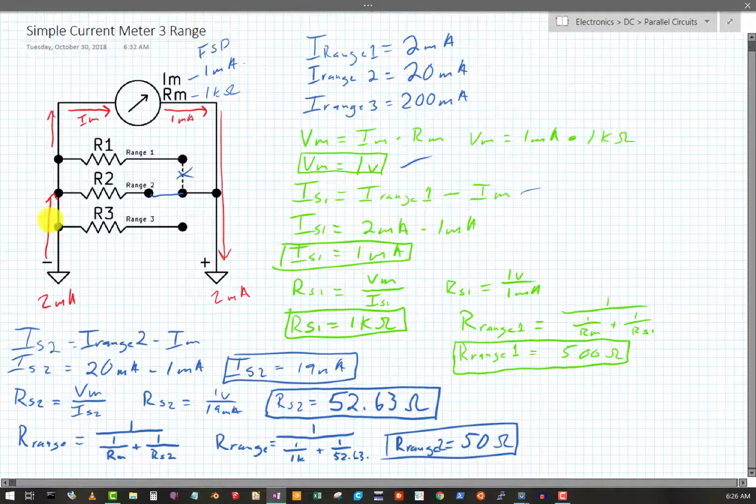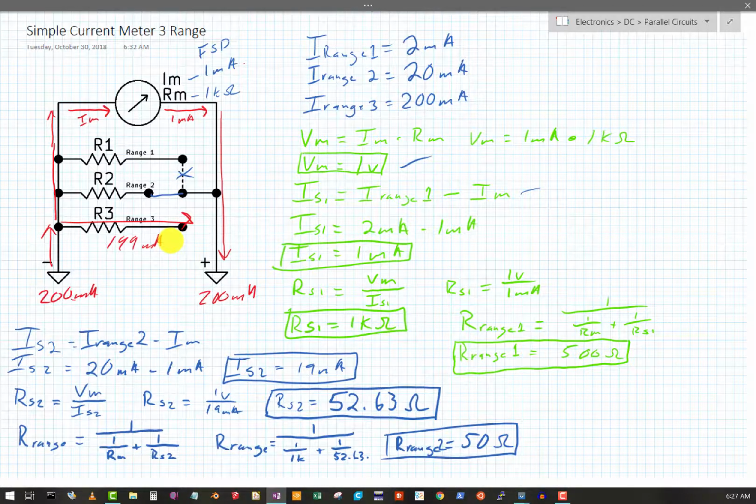So the steps are the same. This time that current is being shunted here, so I should have shown this for the other one. Now we're all the way up to 200 milliamps. We've still got only 1 milliamp going through the meter, so that means that 199 milliamps need to be shunted away.